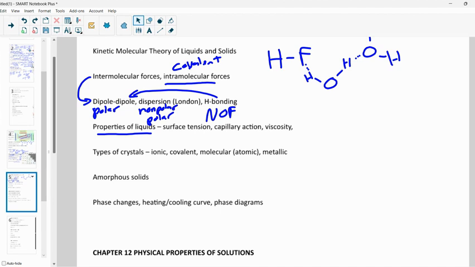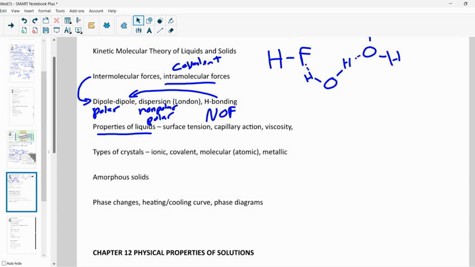Capillary action, water molecules trying to climb up the walls of the container, right? If we had a really narrow glass tube, it can climb up there. Due to the cohesive and adhesive forces, the forces of water molecules liking each other. Adhesive forces, the water molecules liking the glass walls of the container. That's what forms our meniscus.